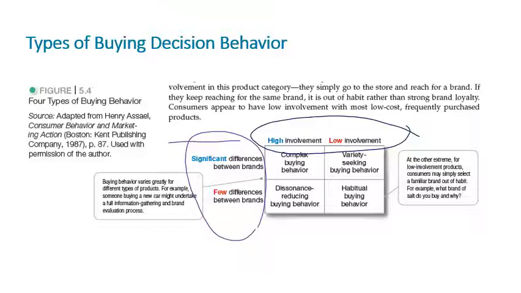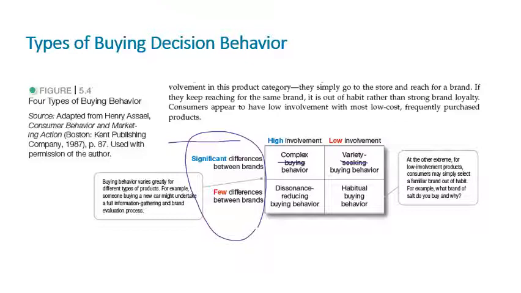So high involvement will be something where there is an inherent risk or importance, and because of that, you're going to spend more time and care when making such decisions. And as you can see, high involvement and significant differences will be complex buying behavior. The case where we have significant differences and low involvement will be variety seeking.